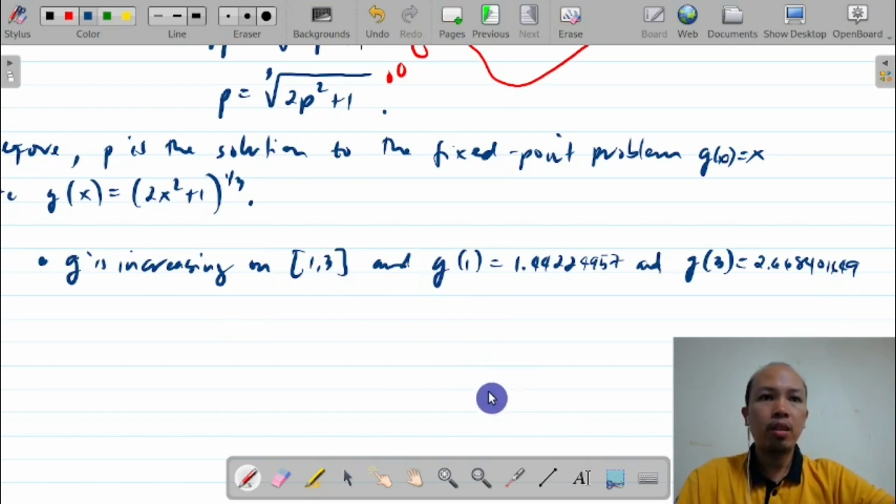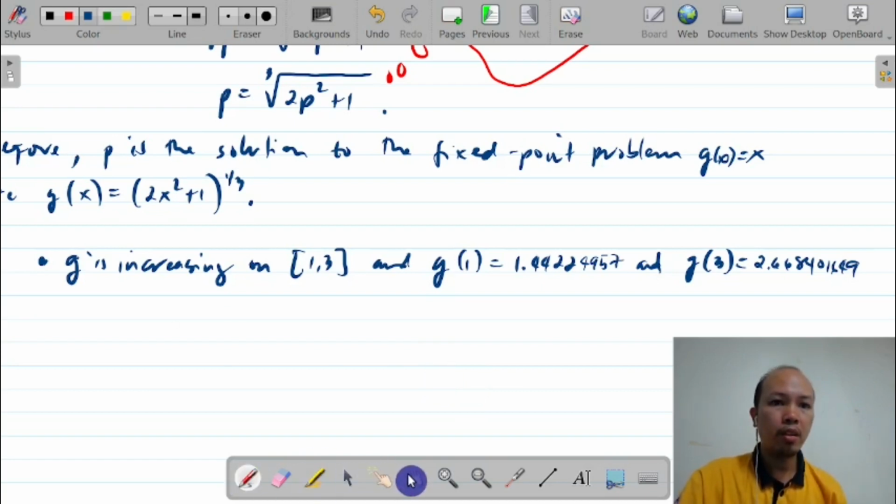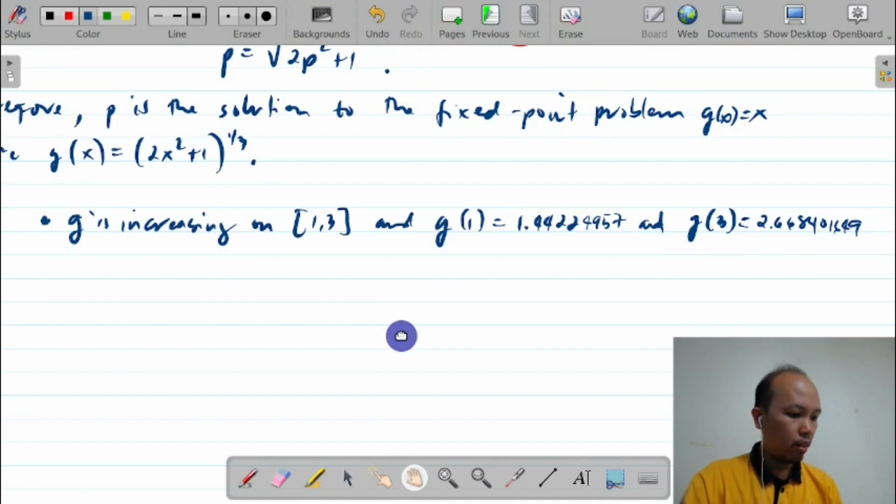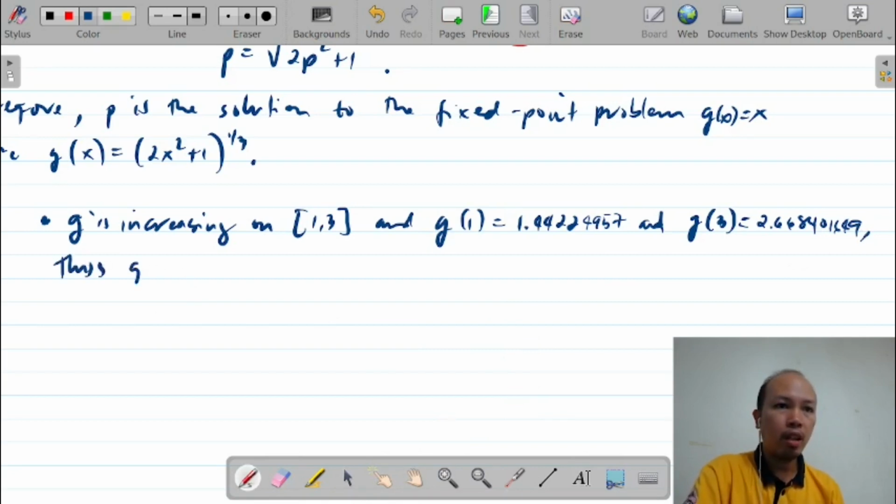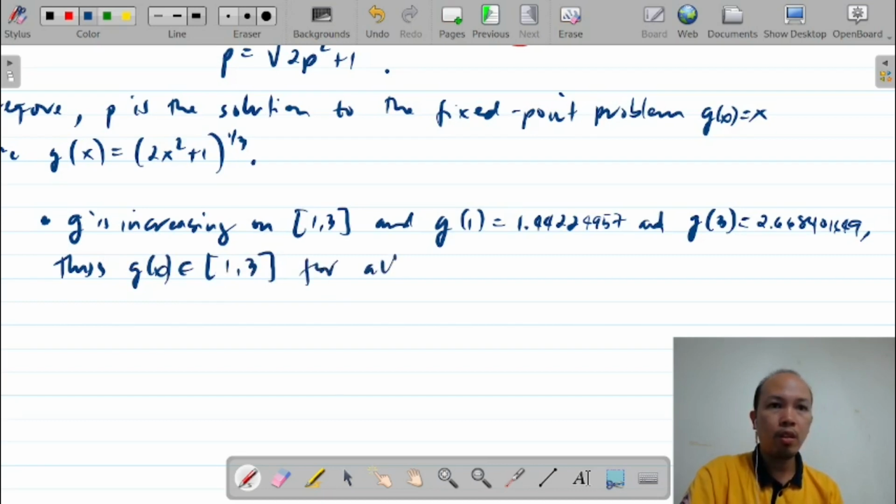And then notice that, thus we can say that our g of x is an element of the interval 1, 3 for all x in the interval 1, 3.